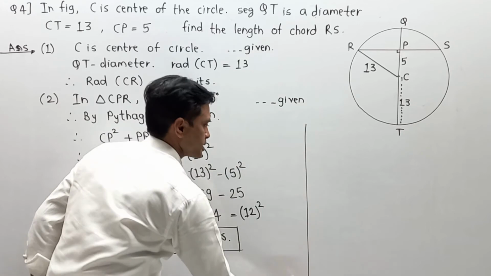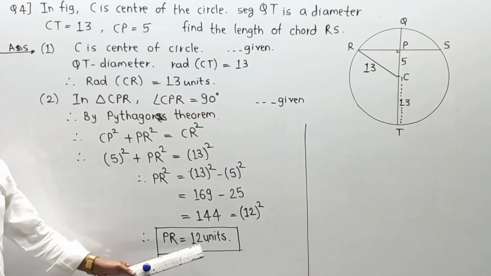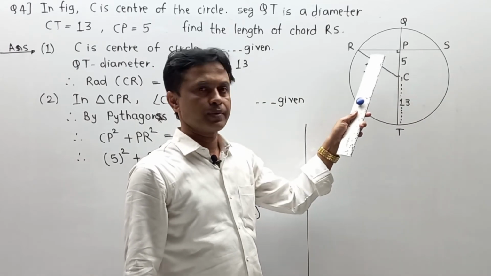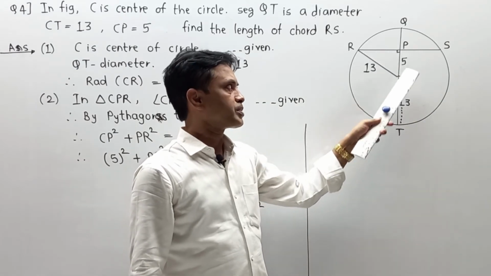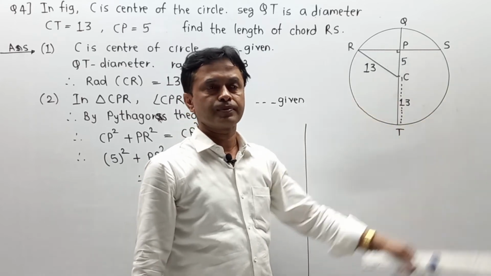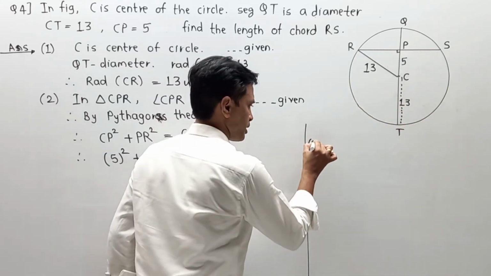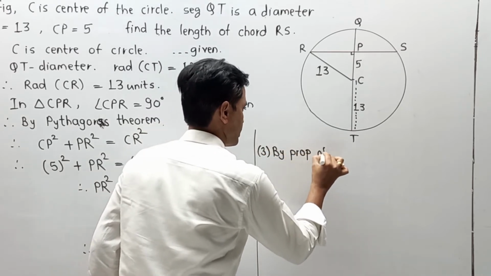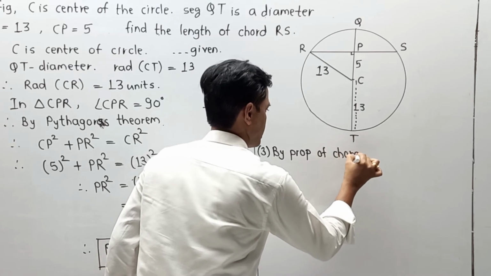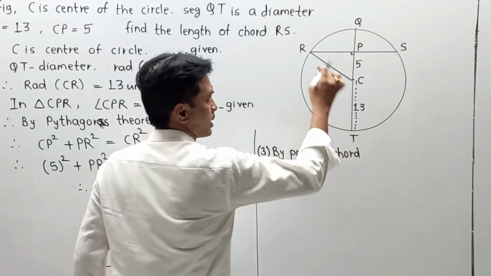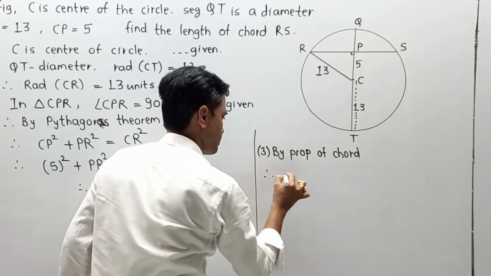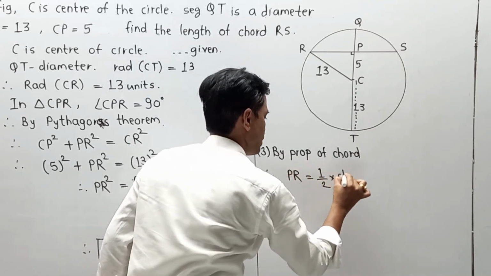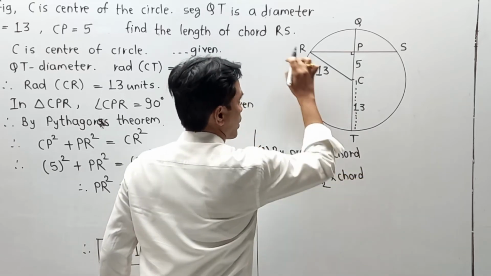Now the remaining part is, as we are able to get PR equal to 12 units, we know that a perpendicular from the center of a circle to a chord bisects the chord. So third part: by property of chord, here PR is half of chord RS.